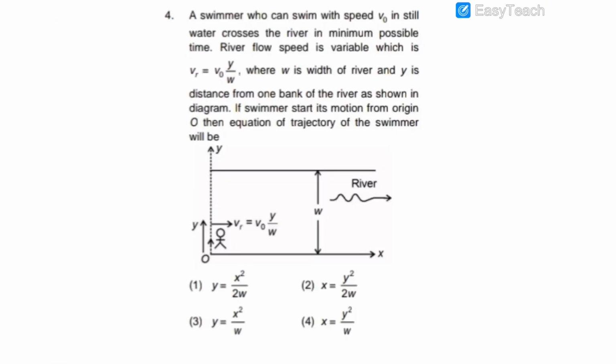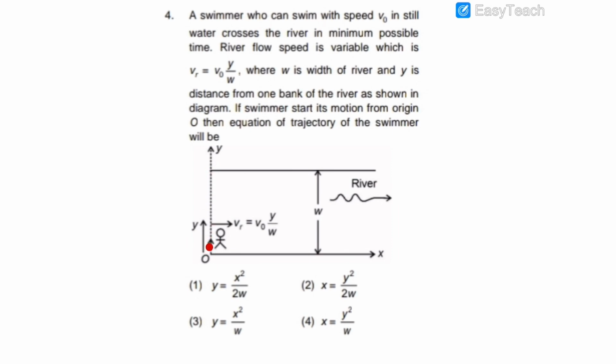In this question, you can see that there is a swimmer who can swim with a speed of v0 in still water. He is trying to cross the river in the shortest possible time, which means he would be trying to swim in this direction, perpendicular to the river. But due to the river, he would be drifting. There is a new type of river velocity which is variable with the distance y, with the width w.